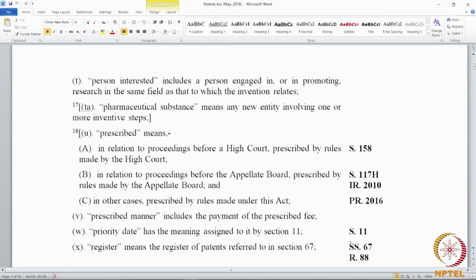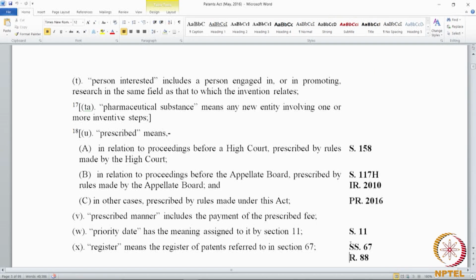This is why we mentioned the 2 Appellate Board rules in an earlier lecture as part of the syllabus of this course, because whenever you look at appellate procedure we will have to go to the prescribed rules. So, that becomes a part of the syllabus. In other cases, prescribed by rules under this Act, which is the Patent Rules 2003. So, the word prescribed can take its meaning based on where the proceedings happen.